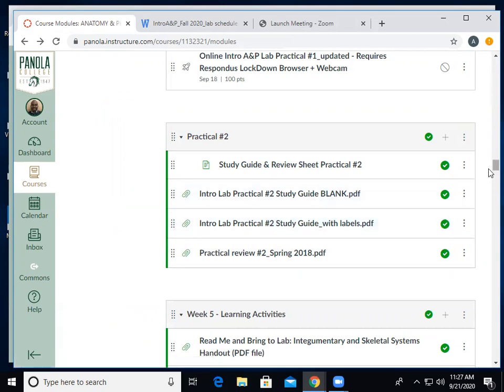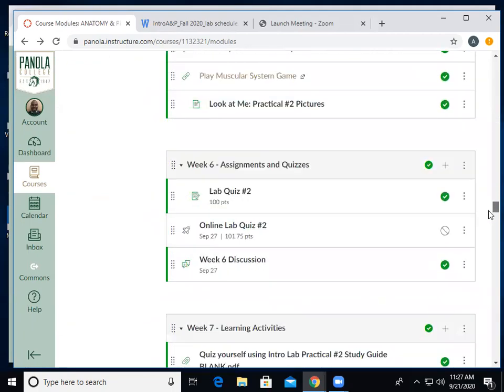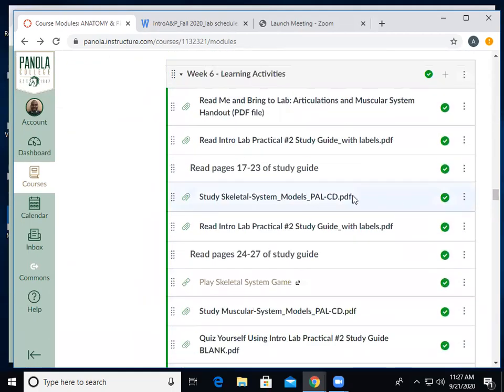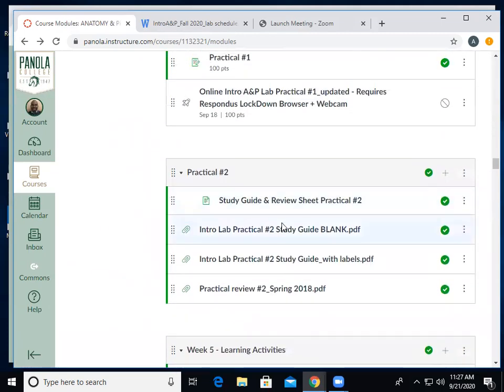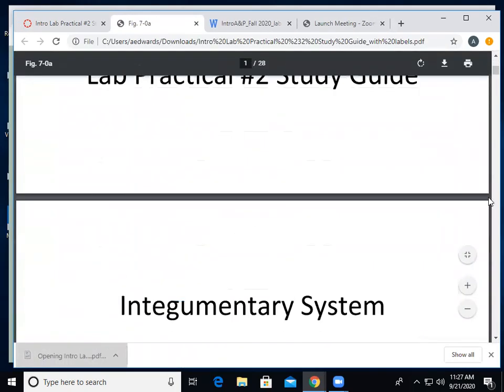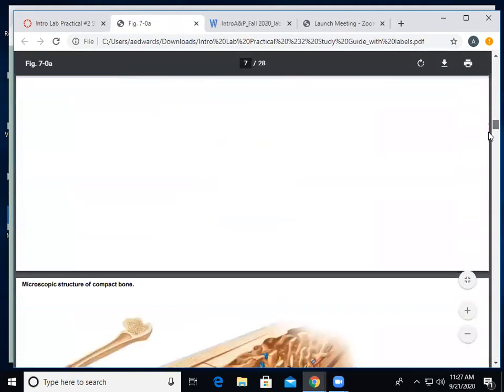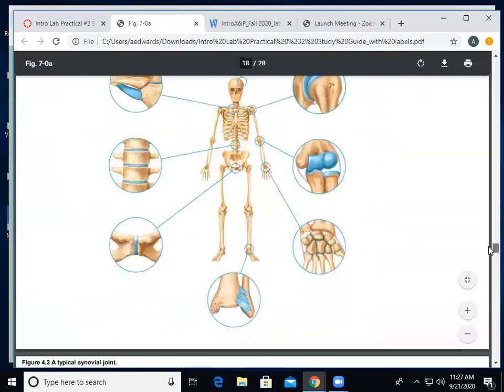Let's see, make sure. Yeah. So we're in week 6. Let's do the practical 2 study guide with the labels. All right, so we already covered integumentary system and most of the skeletal system. Let's get to articulations.